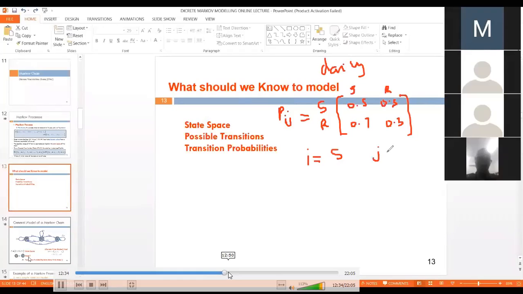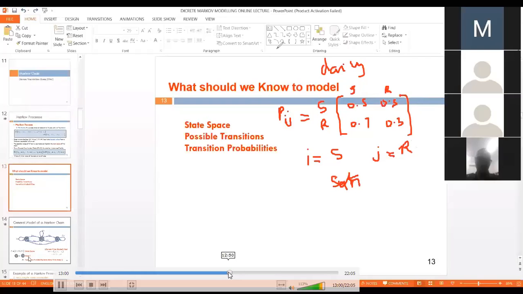So let's make j to be a rainy day. Today is Friday, so that will be on Sunday, or even Saturday. Let's put it that way. Saturday is just tomorrow. Let's talk about Sunday. So that will be Sunday.